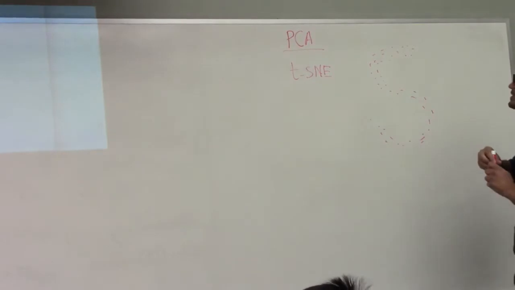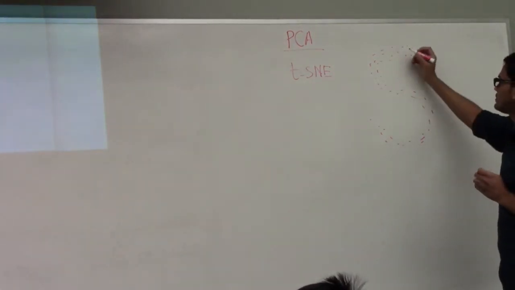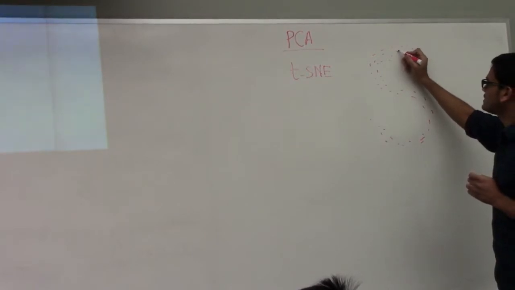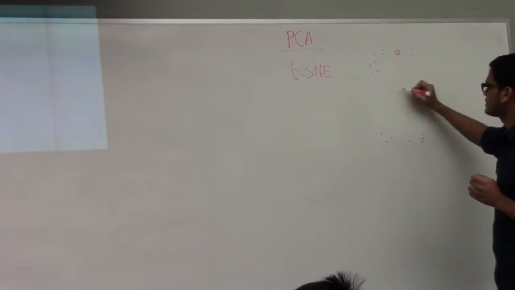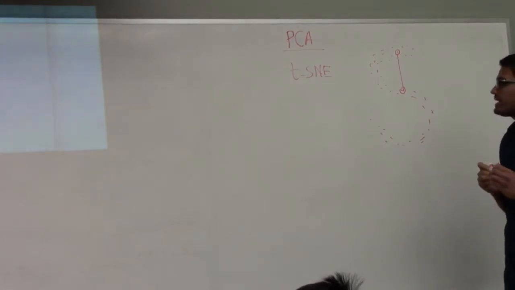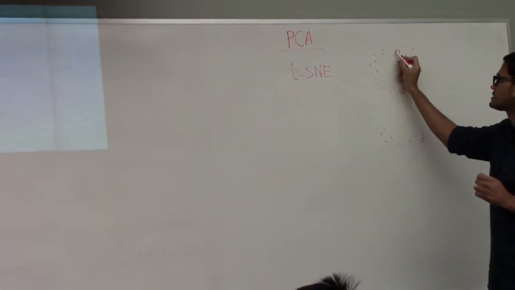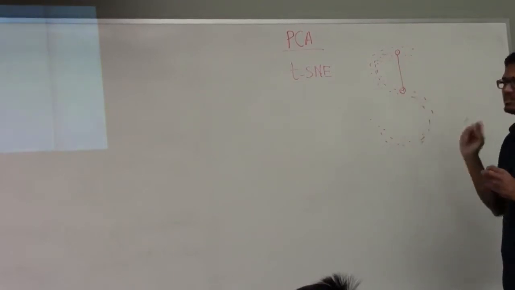If you see what PCA does, it will consider the distance between two points, this and this, as this. Whereas what t-SNE does, the distance is this, right?